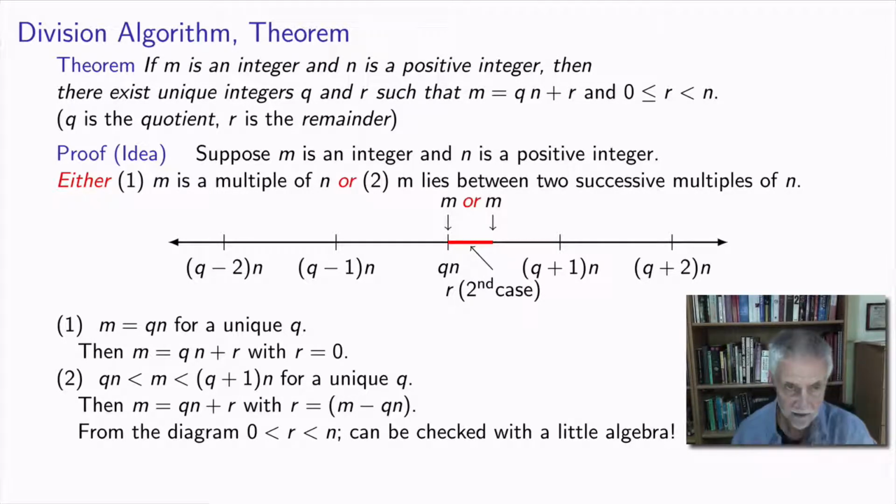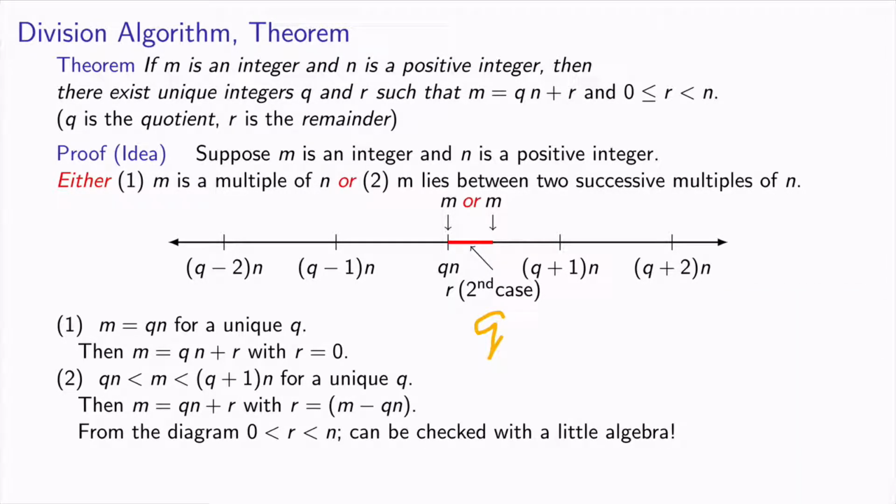So let's do that. So we have in the second case that qn is less than m is less than (q plus 1) times n.